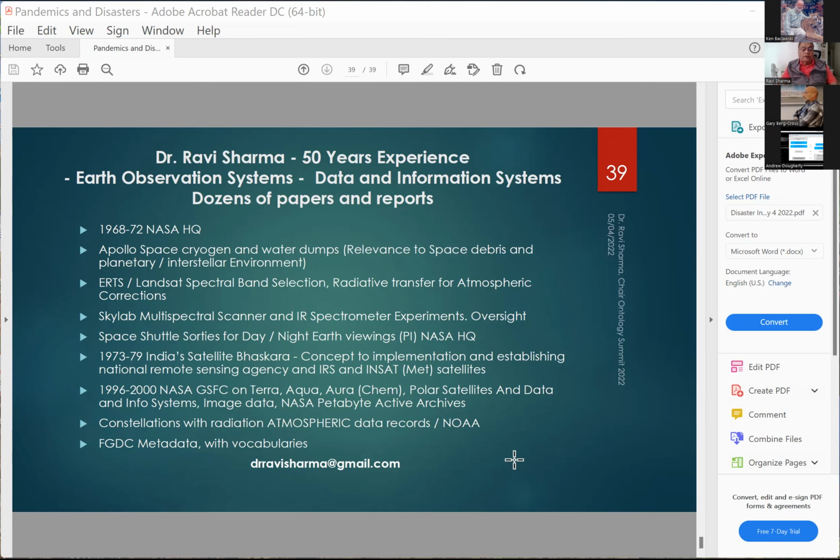Then I went to India and started the first remote sensing satellite there. It was a tough negotiation with the Soviets at that time, but I got the Bhaskara satellite, which was the first visible and microwave sensor satellites assembled by India, launched by Russia, the Soviet Union at that time.